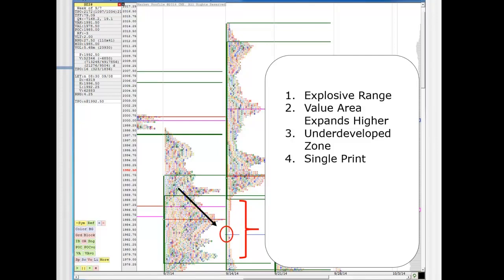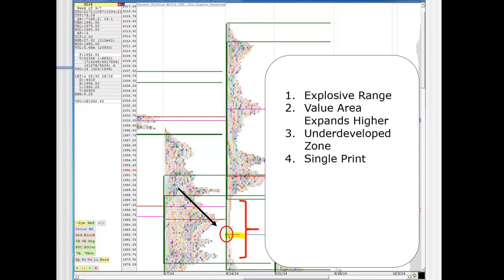Let's take a closer look at what's happening here. We also have a single print, and usually when we have a single print, as we do right here, that is another example of a rapid and very strong moving market that basically spent very little time during the whole week at this point. This point was just so bullish that we never came even to look back at it, and prices just skyrocketed from there, which they did.